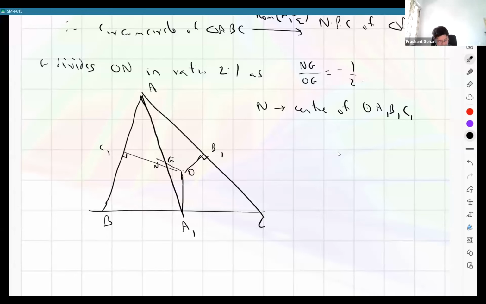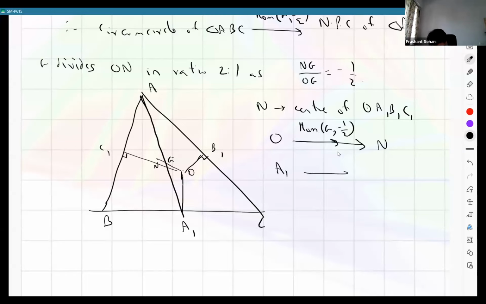Okay. But based on what we just proved, we know that the homothety around G with ratio minus half will take O to N, and it is going to take A1 to A2. Same homothety is going to take A1 to A2. What is A2?